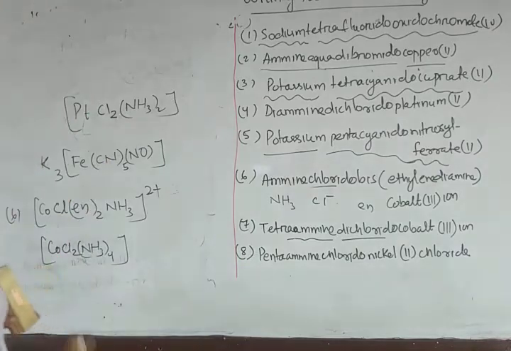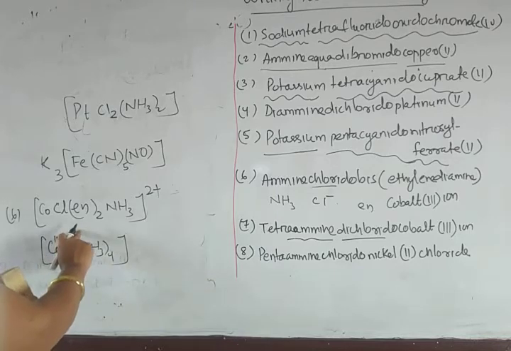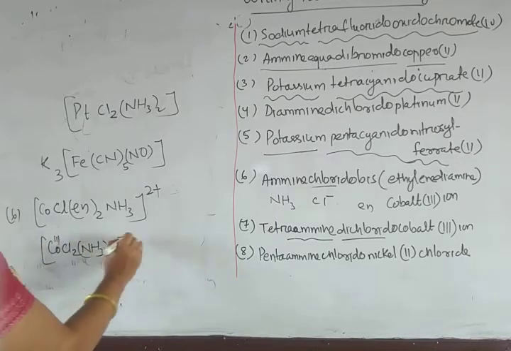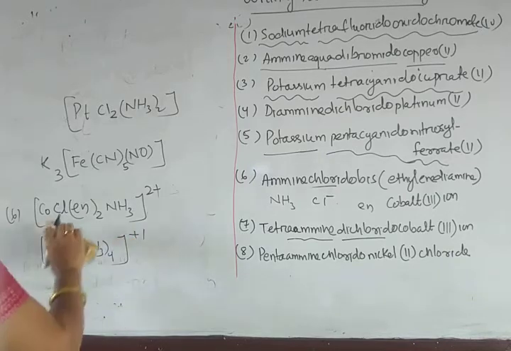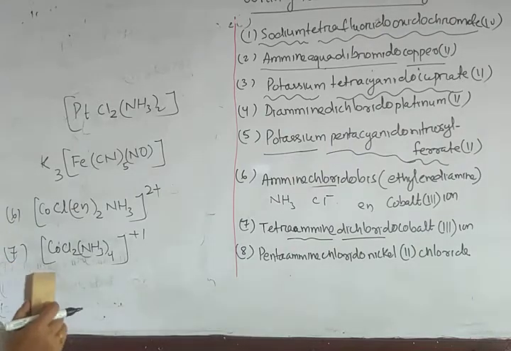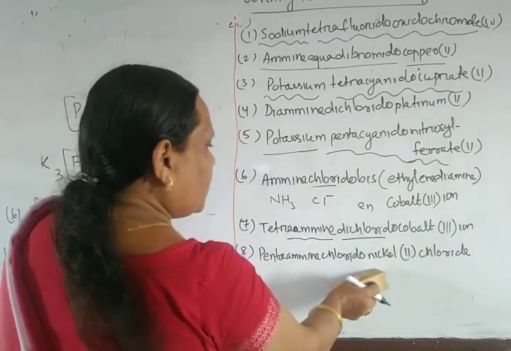As it has a +3 charge, that means oxidation number +3, and 2 Cl is -2, so +3 and -2 cancel, giving charge +1. This is the next given: pentaamine chlorido nickel 2 chloride.